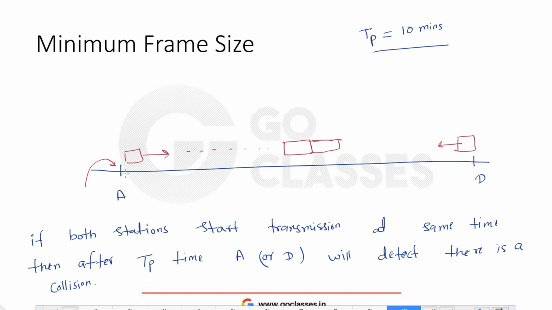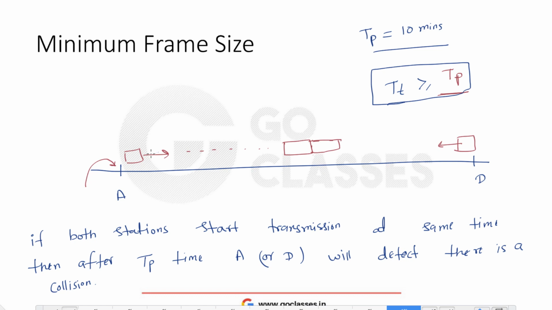This suggests that the minimum data it should be sending should be such that it is able to send data till TP, which is the propagation time, which means the transmission time should be greater than or equal to TP. This scenario suggests this: if it keeps on transmitting till the propagation time, then it is able to detect the collision, right? But is this always the case?